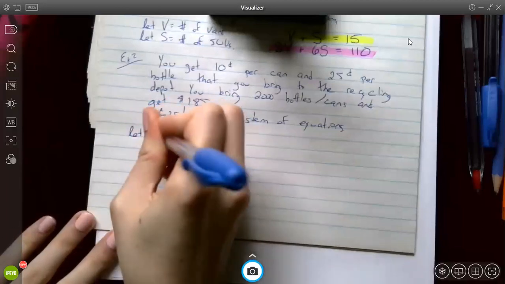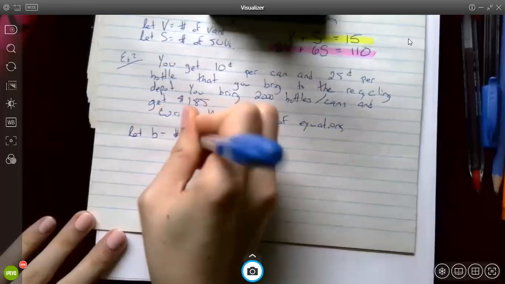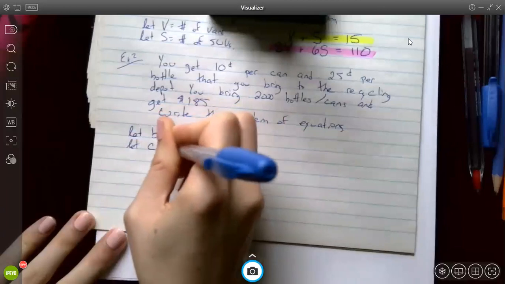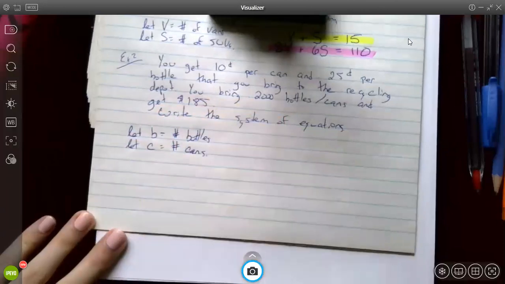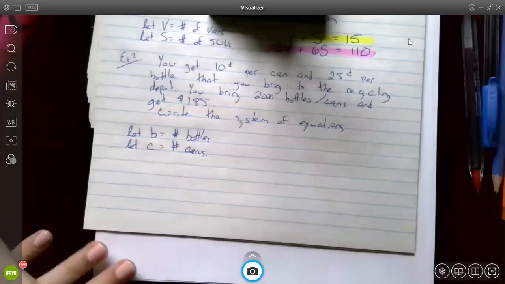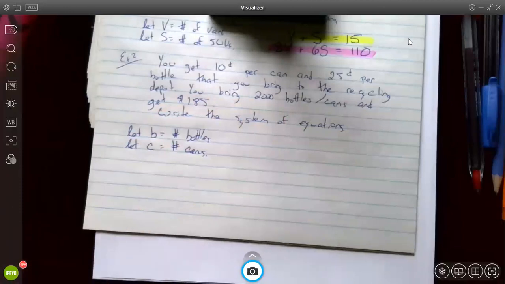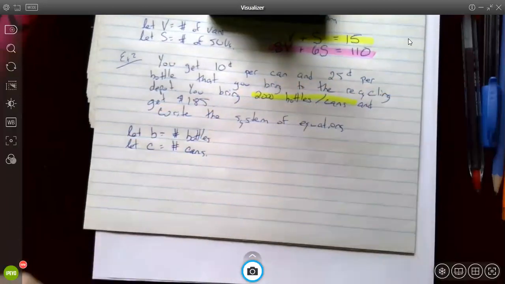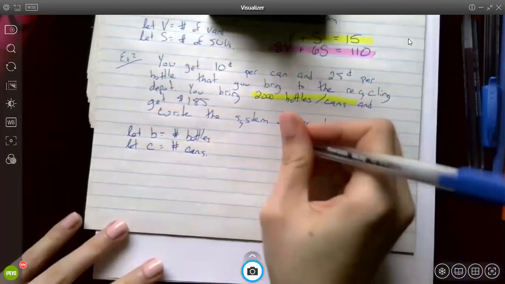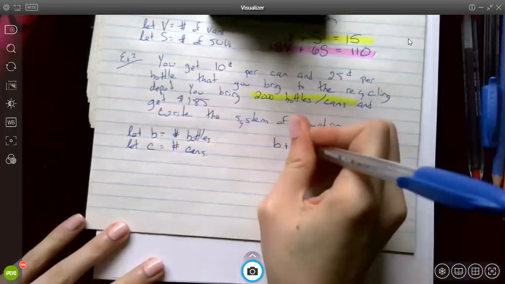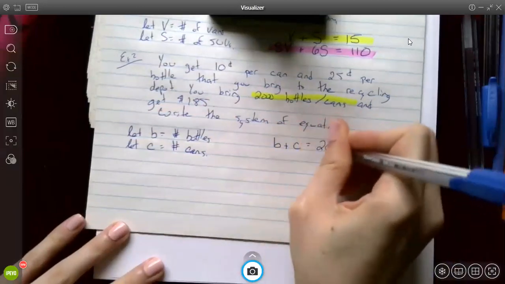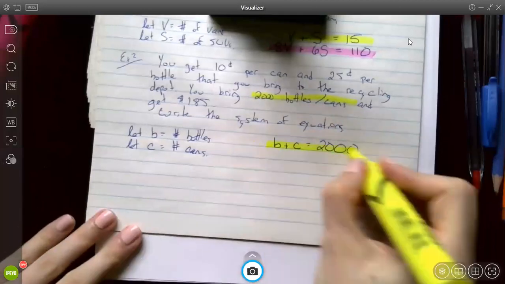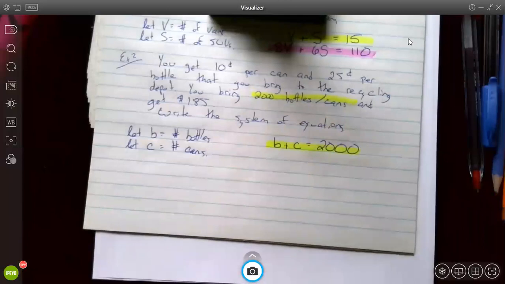I'm going to let B be the number of bottles and C be my number of cans. And then again, the easiest thing is to identify my total number of bottles and cans. That tells me that the number of bottles plus the number of cans must add to that total. So B plus C equals 2,000.